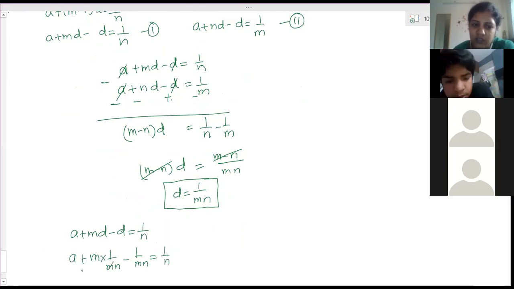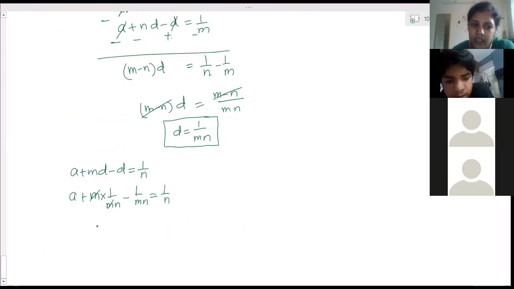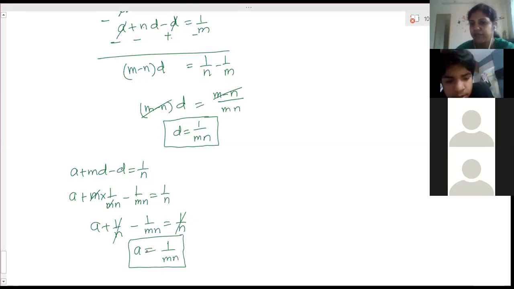This m and this m cancel, so a plus 1 by n minus 1 by mn is equal to 1 by n. The plus 1 by n on both sides cancel, and the minus term goes to the other side as plus. So the value of a is also 1 by mn. Is this clear? Yes, ma'am. It is the same method you used for the numbered questions, but here the questions are given in variable form.